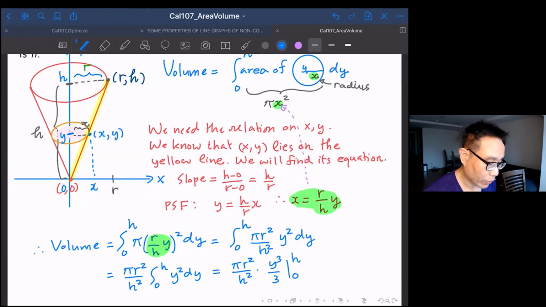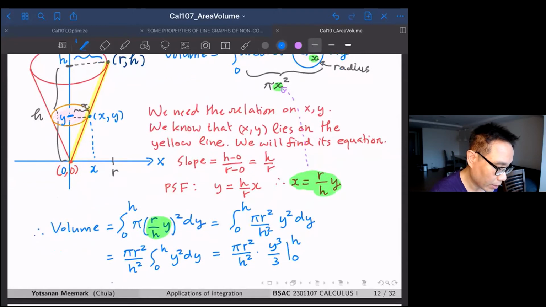Okay, so you get pi r squared over h squared times h cubed minus 0 cubed over 3. So you would compute the final answer.